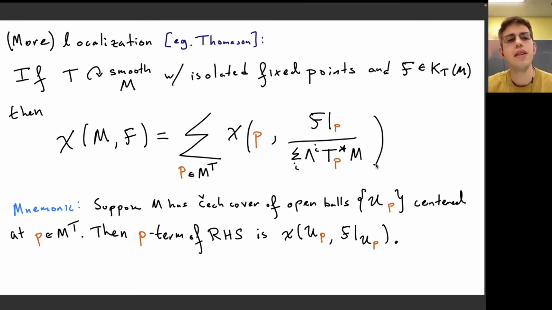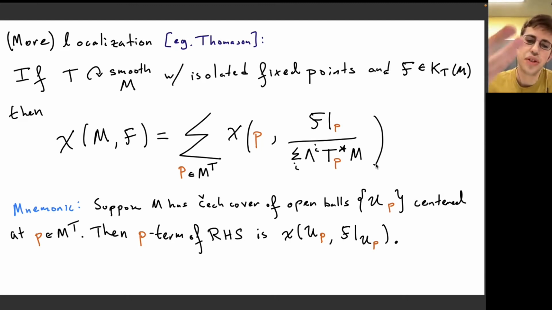If my M had some Čech cover of open neighborhoods U_P, centered at each of these fixed points P of T, then the corresponding term is the Euler characteristic of the sheaf restricted to that open neighborhood. And so this looks like I'm computing in some kind of Čech cover.